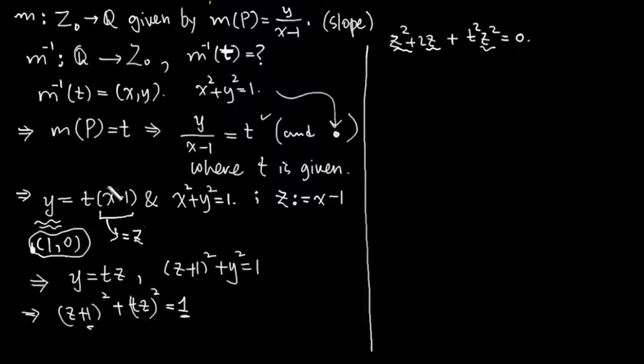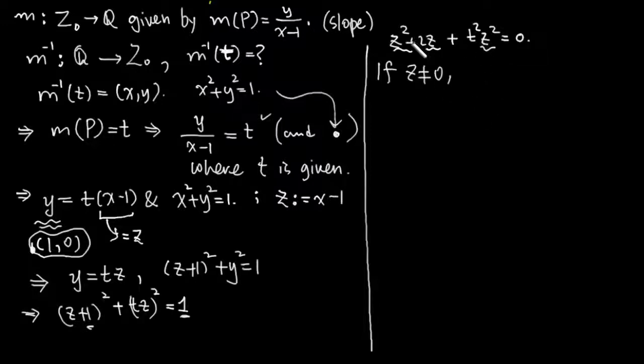That's the benefit of rewriting x minus 1 as z. If z is non-zero, this is not quite what we're interested in. X equals 1, we're looking for other points. So if z is not equal to 0, you can cancel those z, which is the same as factoring out.